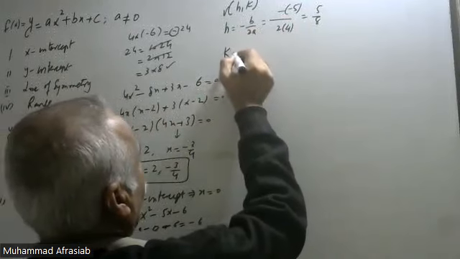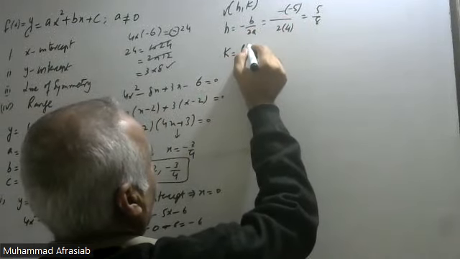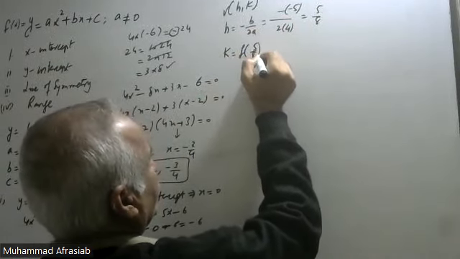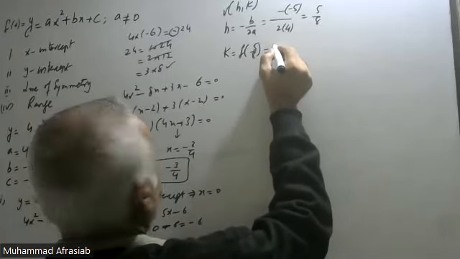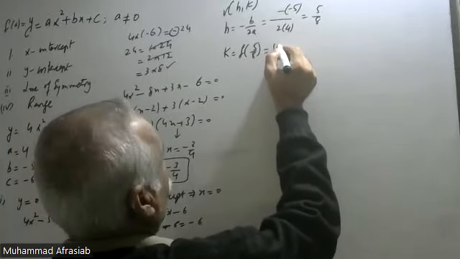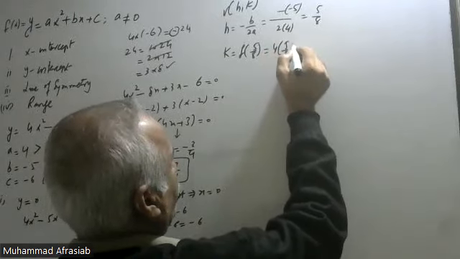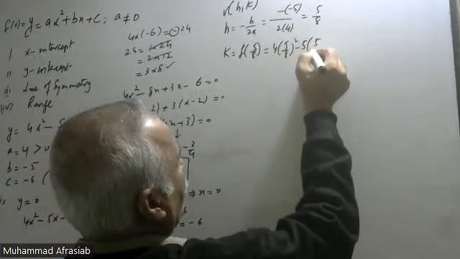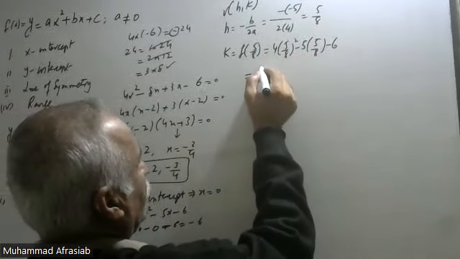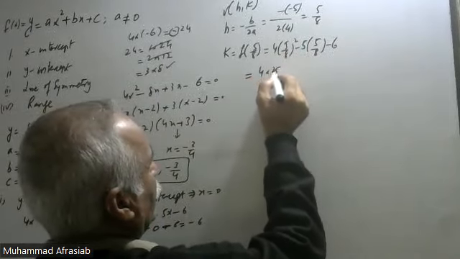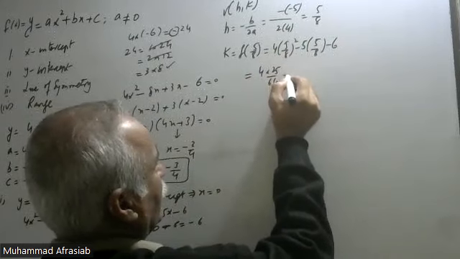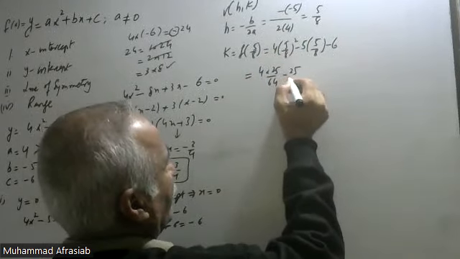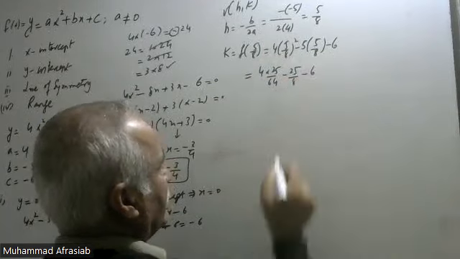So k will be equal to f of 5 by 8, and that is equal to 4 into 5 by 8 squared minus 5 into 5 by 8 minus 6. So this will be equal to 4 into 25 over 64 minus 25 over 8 minus 6.